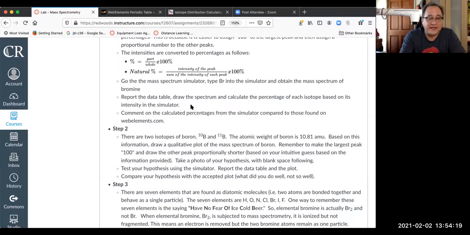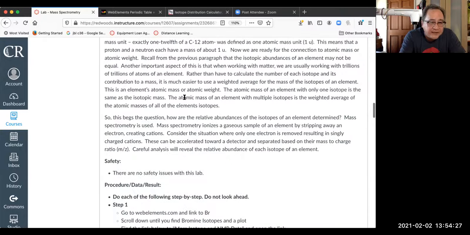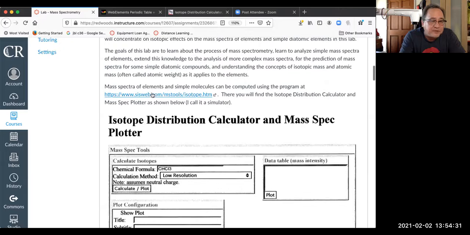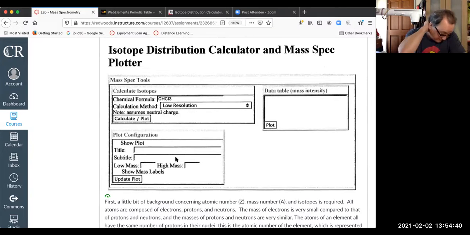It's funny as heck. All right, so let's go to the mass spectrum simulator. So I'm going to go back up towards the top here kind of slowly. And do you see the link here to the mass spectrum simulator? I call it a simulator. And this is what we're going to be looking at when we open that up.